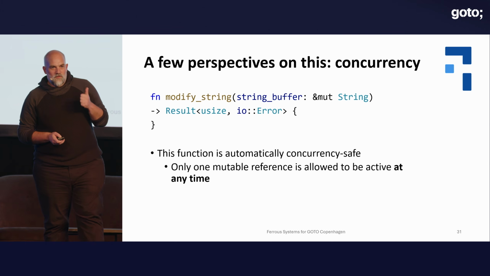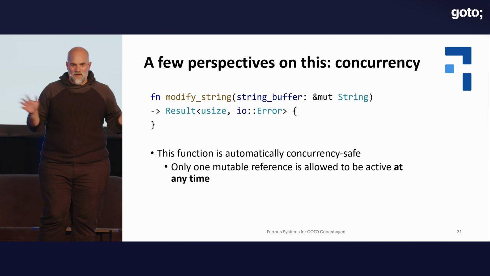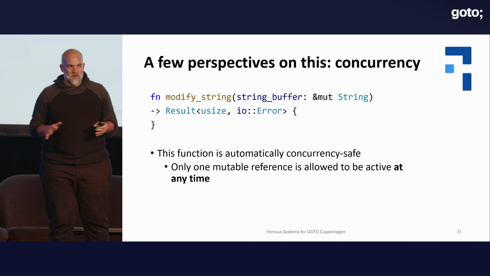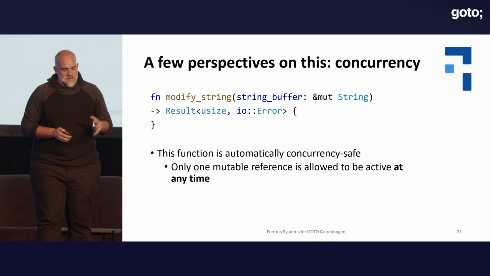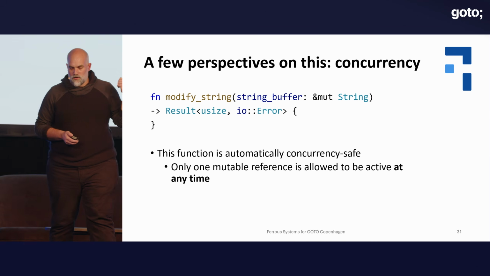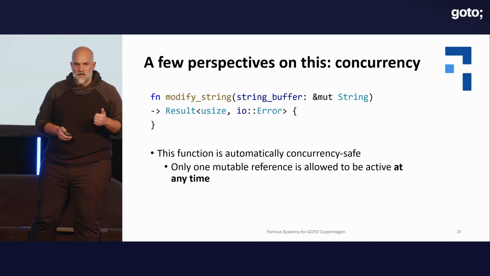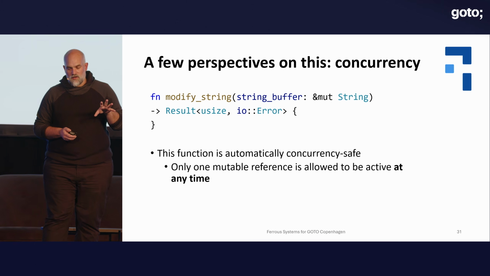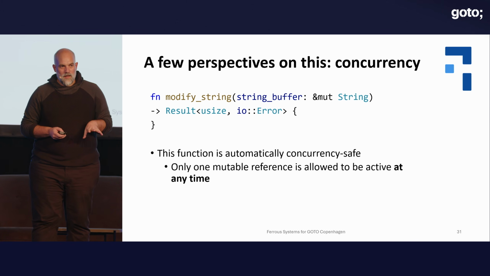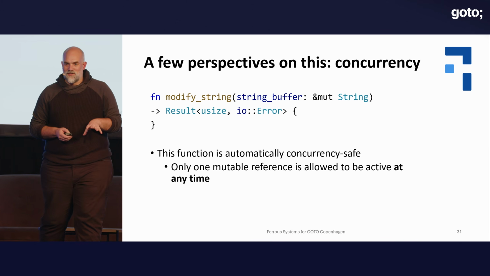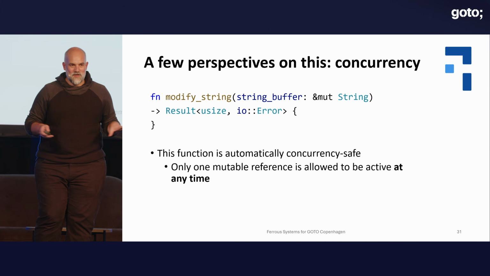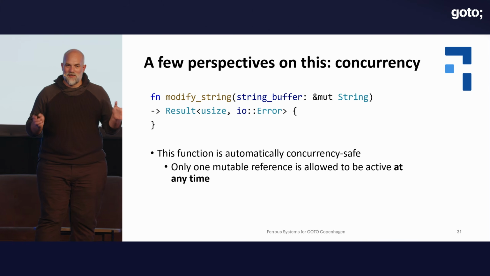But there are already a couple of perspectives on this. Even without going any deeper here, that means a function like this, modify string taking &mut String, is inherently concurrency safe. By definition, interestingly, Rust's memory safety around concurrency that you may have heard about is entirely by definition.